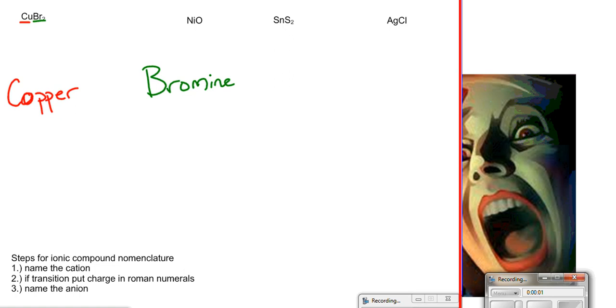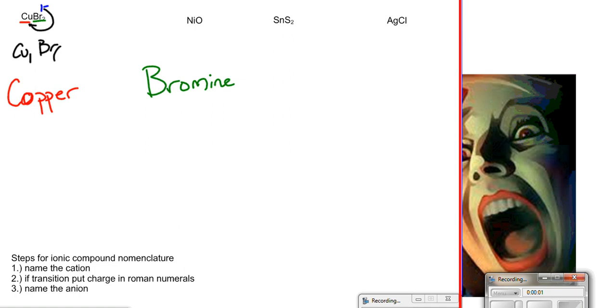I need to figure out, is it a transition metal? Yes, it is. What was its charge? Well, this requires a little deductive reasoning on my part. Bromine is in group 17, which means it always has a 1- charge. When these numbers crisscross, remember when we do ionic compounds, the charges have to cancel out. This 1 came down here, so we had copper 1, bromine.